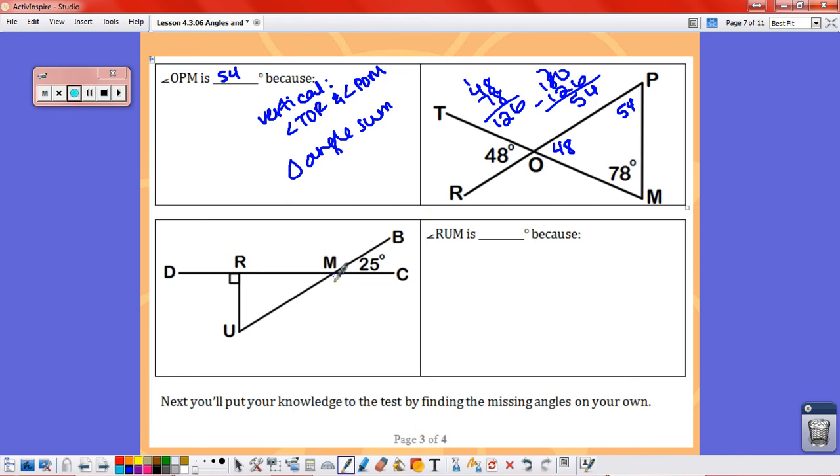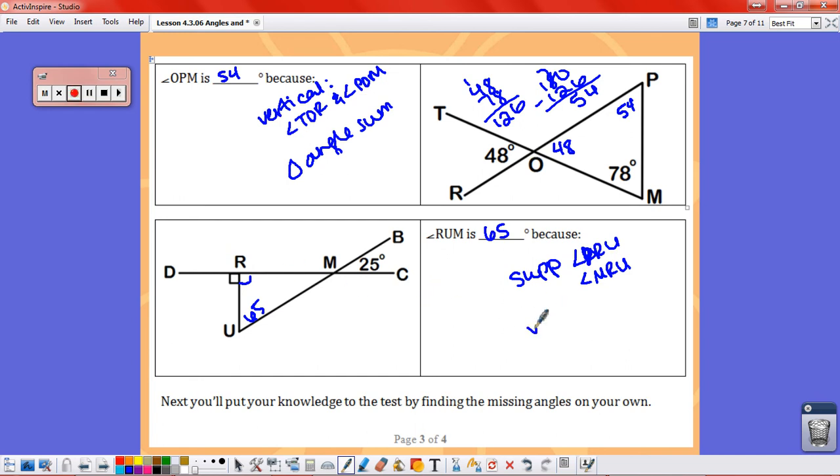And here's our last example, angle RUM. Angle RUM is 65 degrees. And again, we have a supplementary DRU and MRU, because if this one is 90 degrees, then this one has to be 90 degrees. 90 plus 90 is 180.